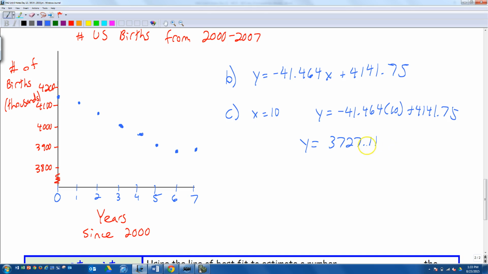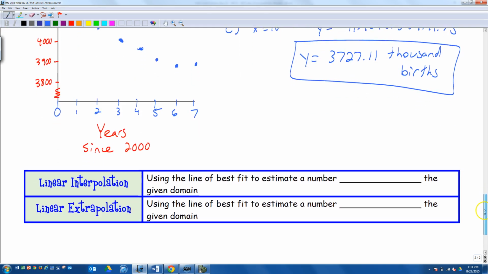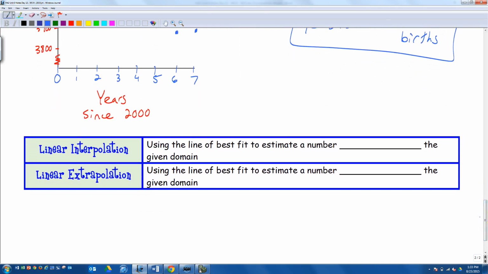This is in thousands, so it's that many thousand births. Okay. So we get the equation from our calculator and then just plug in for part C. So it's pretty basic. You just need to know how to do that, and I will go over that more in class as well.